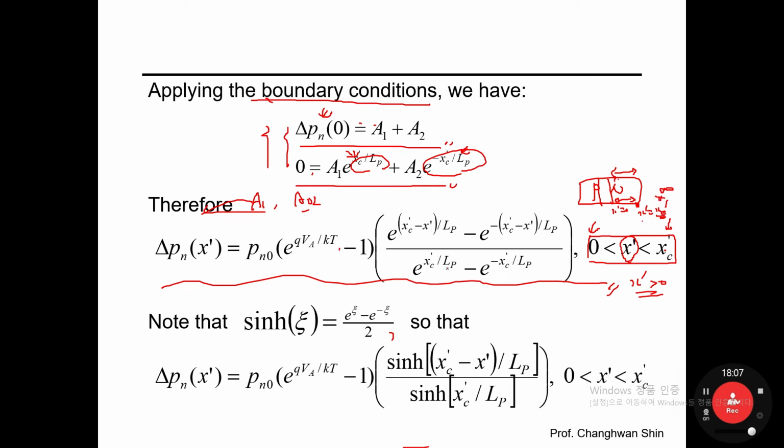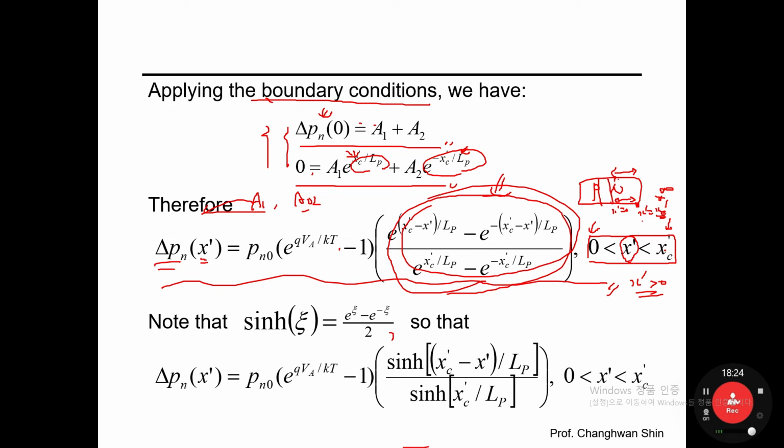Okay, so you can see those very simplified parts when describing delta p sub n as a function of x prime. This second term makes your life much more complicated.